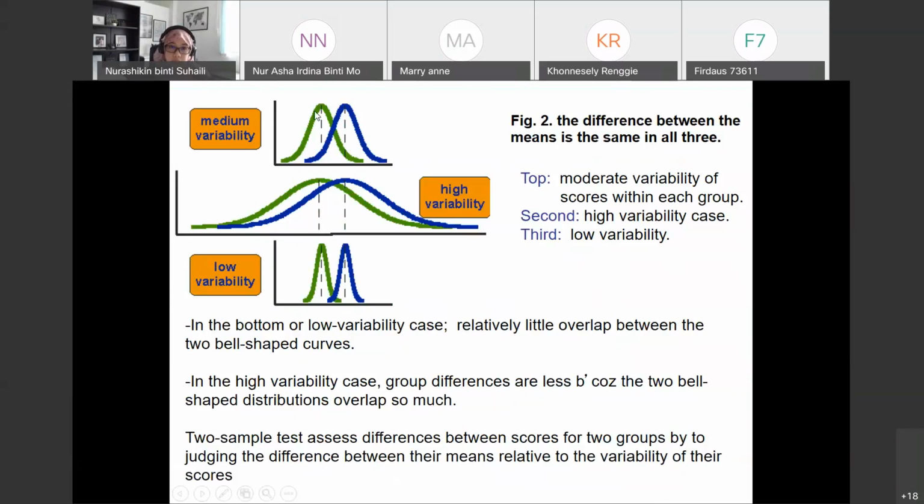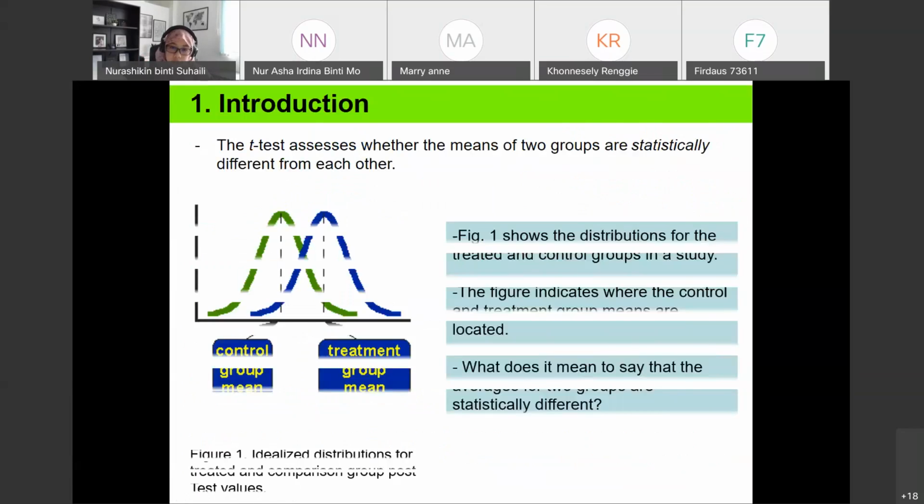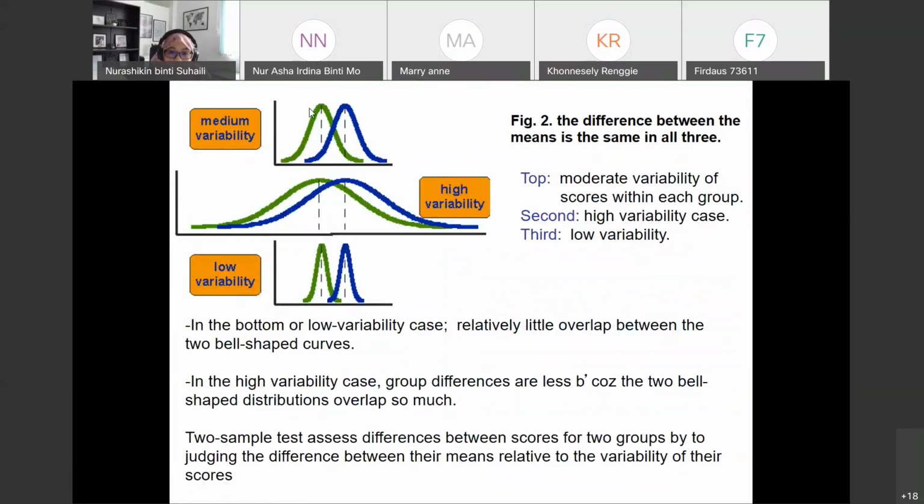This is the peak, the maximum, or the mean value, the middle value. Given three situations here, you can see that the distance between the mean of the first sample and the second mean is the same, given by the dotted lines. But what differs is the spread of the distribution.